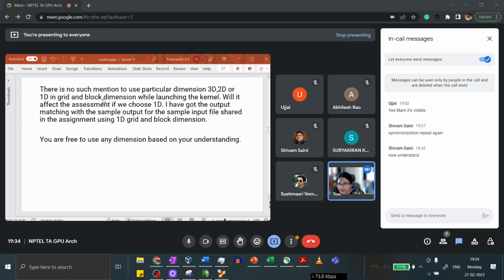The other thing was that there is no mention of any particular dimension, 3D, 2D or 1D, in the grid and block dimensions while launching the kernel. This was regarding the hands-on programming assessment. So the question was, does it matter if we choose 1D or do we have to choose any of the others? You're free to choose anything based on your understanding.